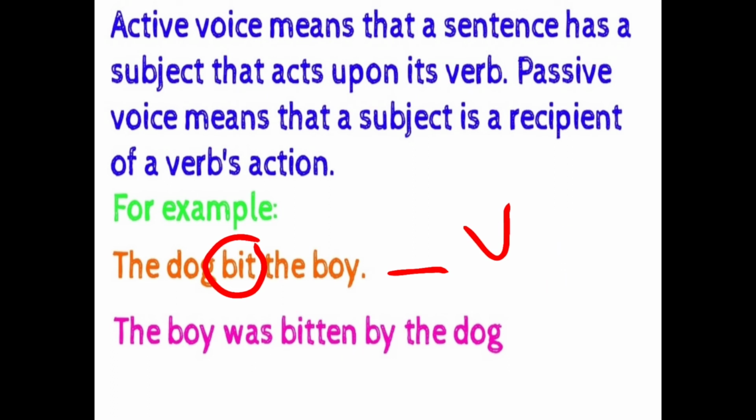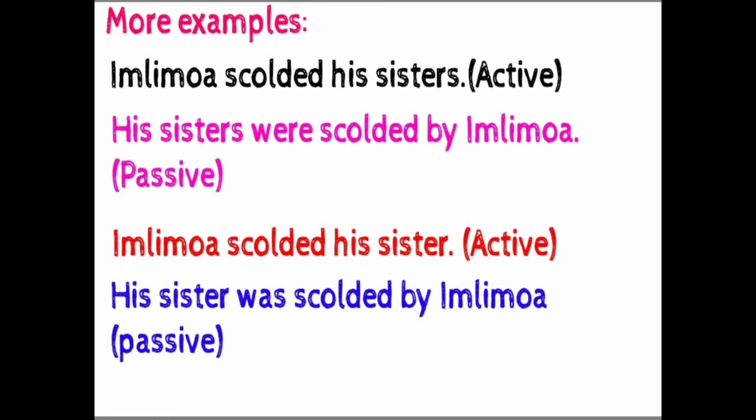Some examples I will show you. Here Imlimo scolded his sisters, active voice. In passive voice it is his sisters were scolded by Imlimo. So in the active voice the verb is already in verb 3, so in the passive voice it remains unchanged.